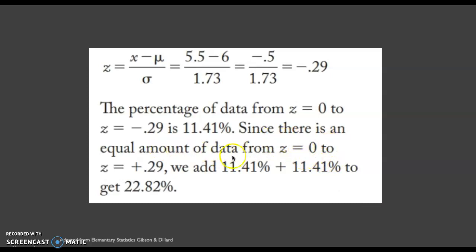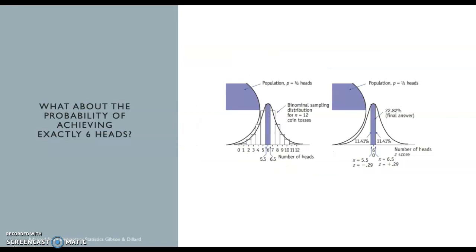Since there's an equal amount of data from z equal to 0 to 0.29, we added them, as you can see over here, and we get 22.82%. Now, this answers our question: the probability of achieving exactly 6 heads is equal to 22.82%.